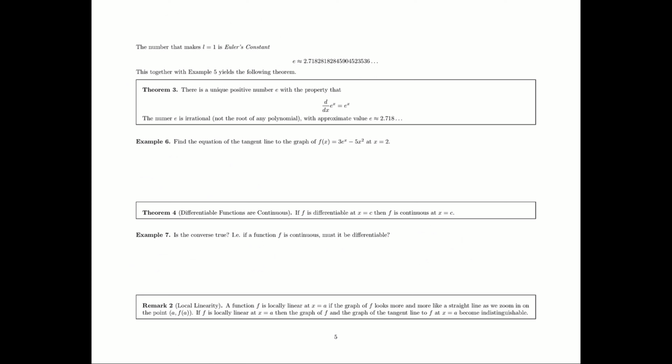You all should have seen e before. It's a number much like pi in that it goes on forever. It's non-repeating. It's not an algebraic number. It's a transcendental number. And this function, e to the x, you've used it before. The derivative of e to the x is itself. It is its own derivative. And that is exactly what Theorem 3 says.